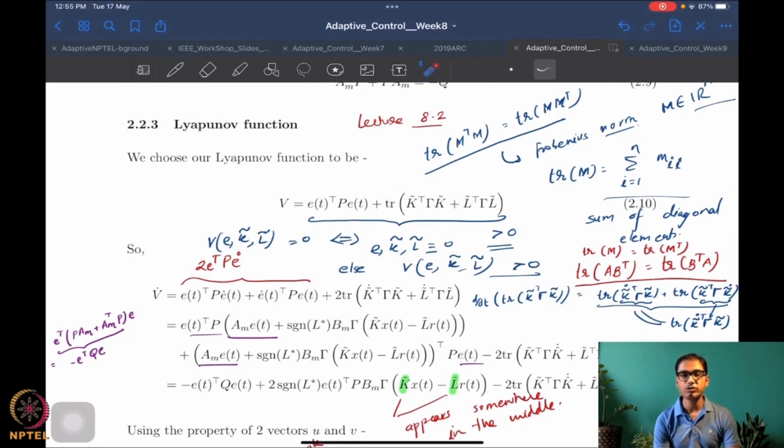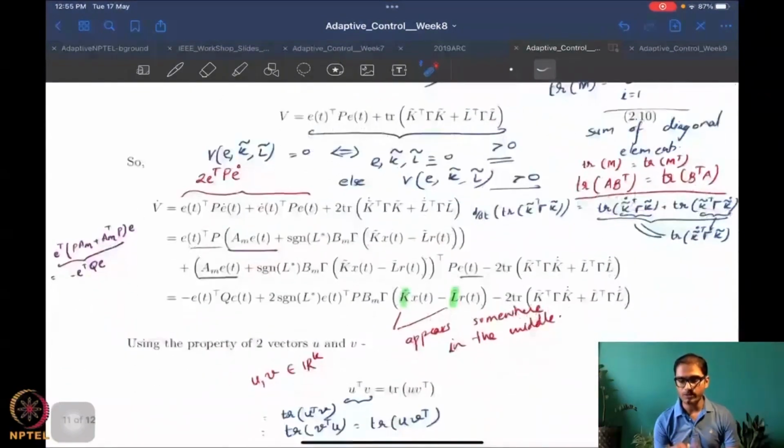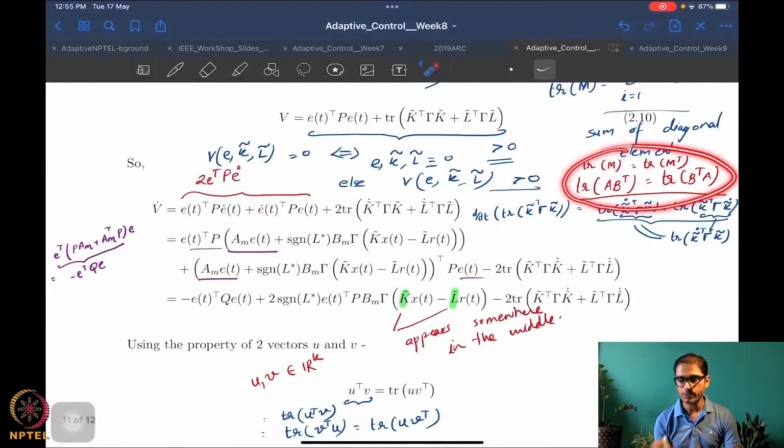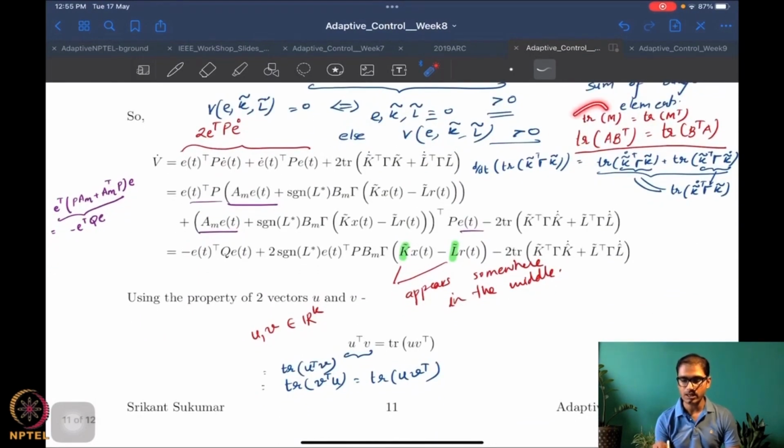And in order to complete the proof, we also needed to use some very interesting and useful trace properties, right? This is something that I hope all of you will remember always, because these are very useful in manipulating any kind of Lyapunov candidates, or in any other context.